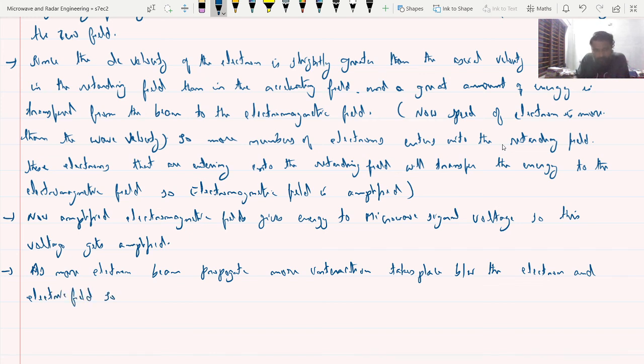So what happens? Bunching becomes more compact at the end of the helix. So, bunching becomes more compact at the end of the helix.